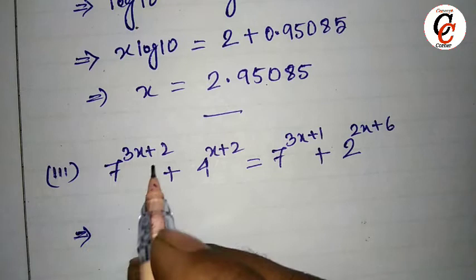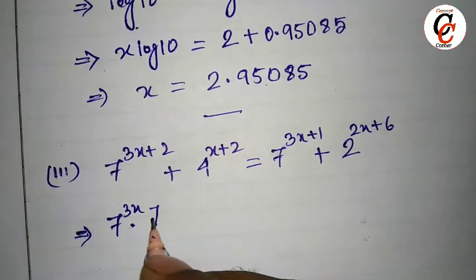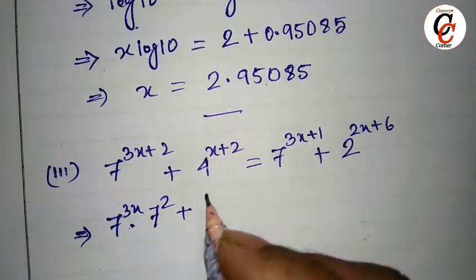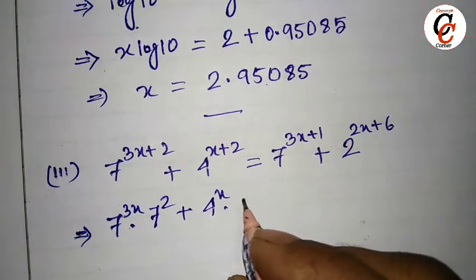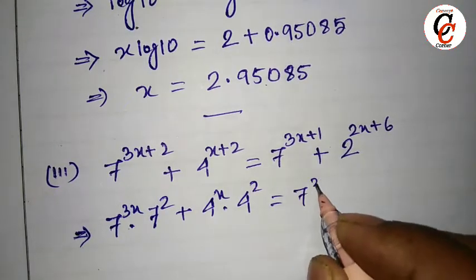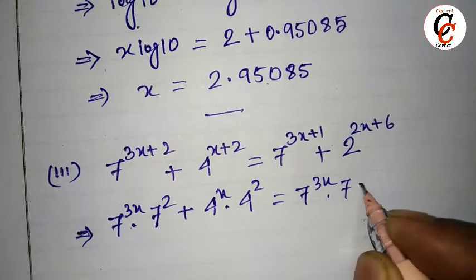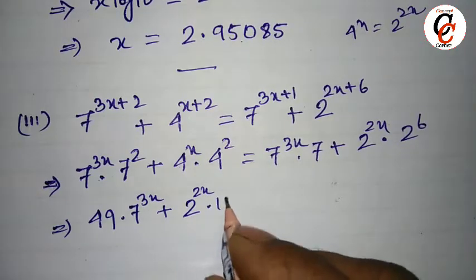7 to the power 3x plus 2 can be written as 7 to the power 3x into 7 square, plus 4 to the power x into 4 square. Here 7 to the power 3x into 7, and it can be written as 2 to the power 2x into 2 to the power 3x.